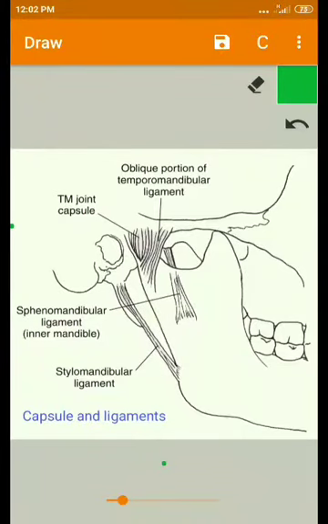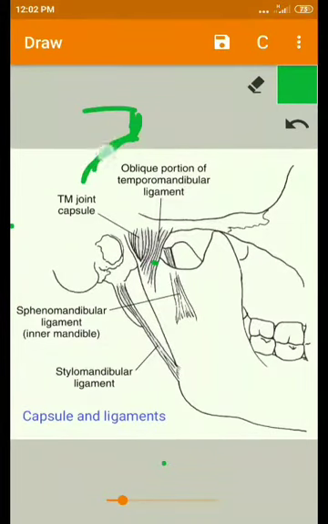Because of this limitation of posterior condyle movement, it also protects the retrodiscal pad. We know that the disc has a retrodiscal pad on its posterior side attachment, isn't it?